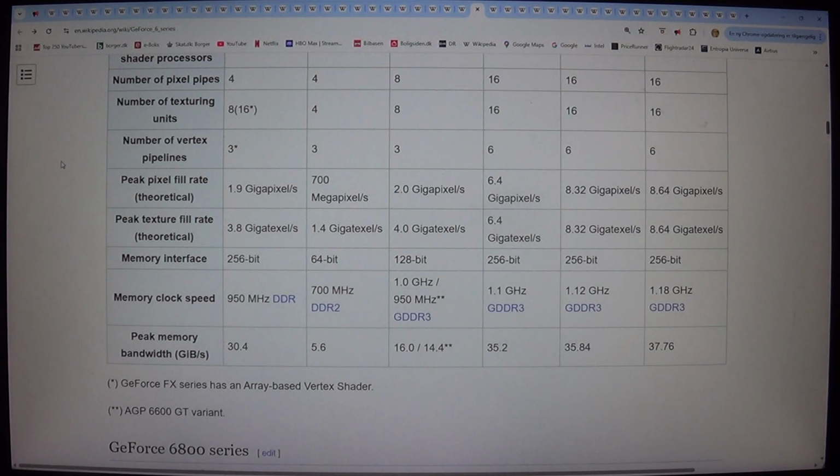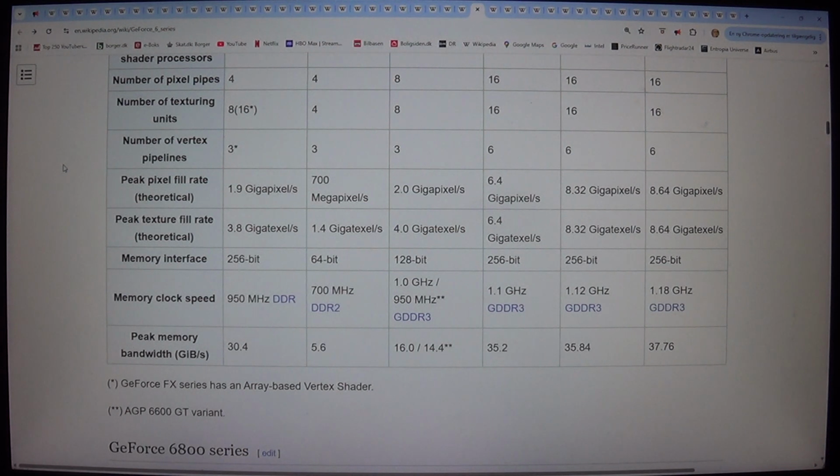Number of pixel shader processors: 4, 8, 16, 16, 16, 16. Number of pixel pipes: 4, 8, 16, 16, 16, 16. Number of texturing units: 8, 16*, 48, 16, 16, 16. Number of vertex pipelines: 3*, 3, 3, 6, 6, 6.